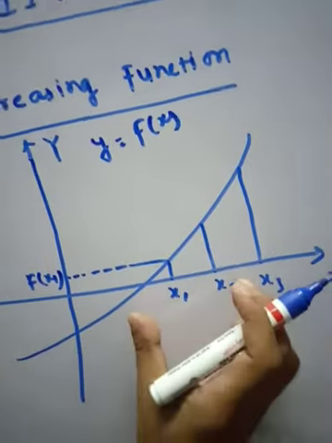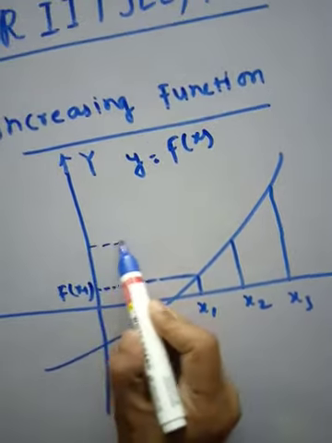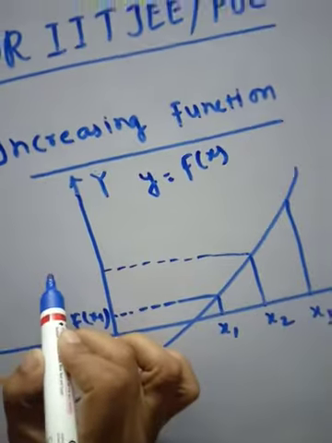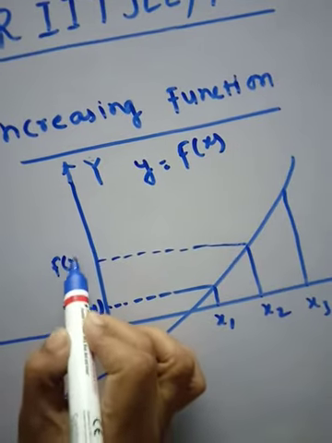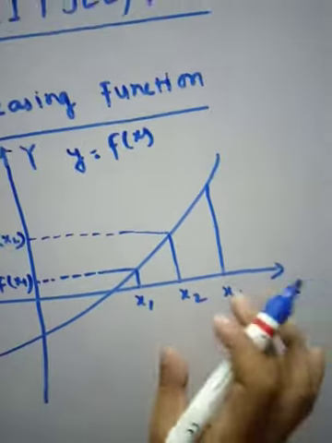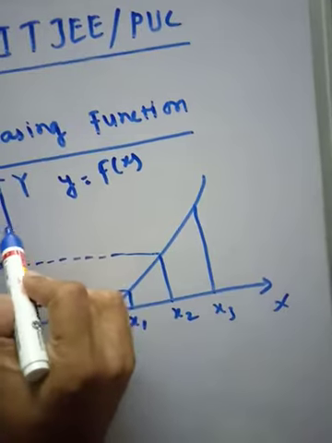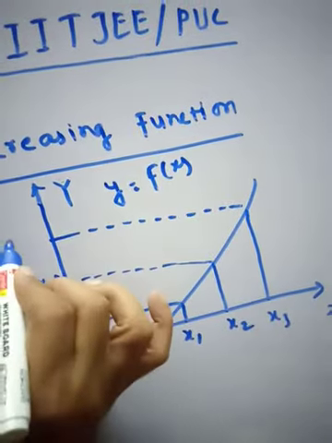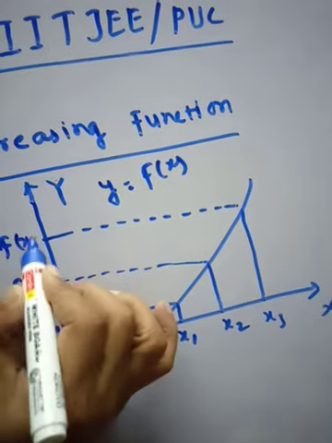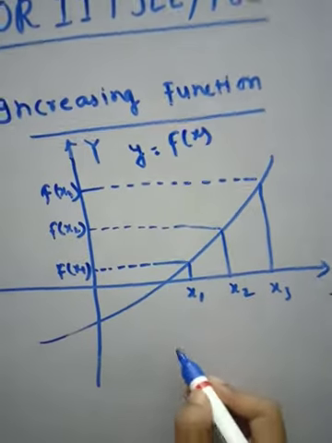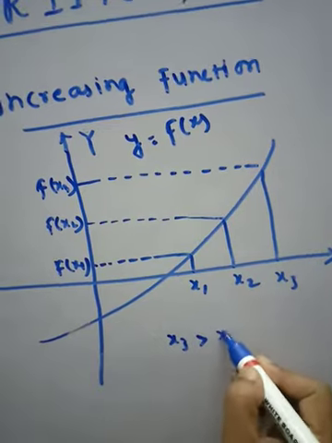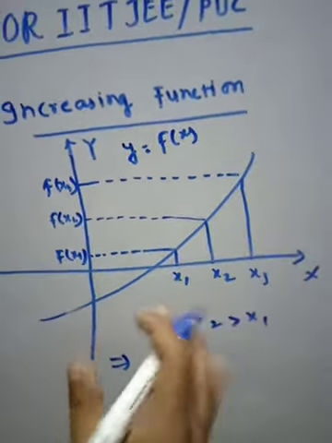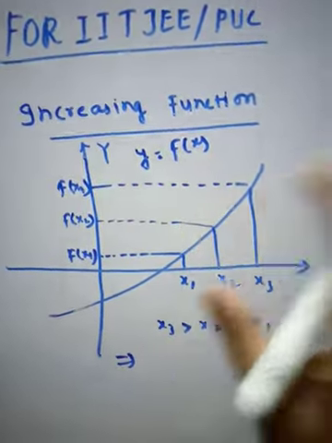What is the value of the function at x2? It will be fx2. What is the value of the function at x3? fx3. Here x3 is greater than x2, greater than x1. So when x increases, correspondingly y should increase.